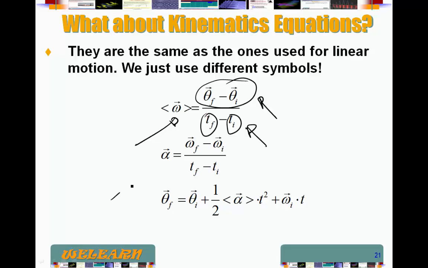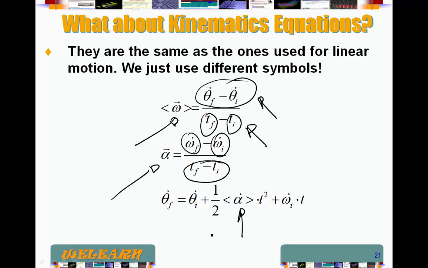For acceleration, change in velocity over time. Final velocity minus initial velocity over change in time. That's my angular acceleration. What if I have a constant acceleration? What would be the equation for the position?